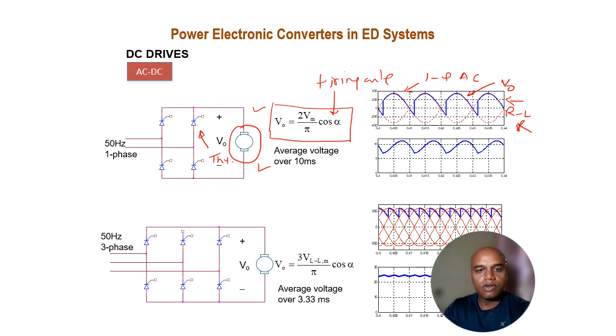Similarly, for the three phase converter, the output voltage is 3 times the line to line maximum voltage divided by pi, cos alpha. Again, the red dotted line shows the three phase waveform, whereas the blue one shows the output DC voltage V0.